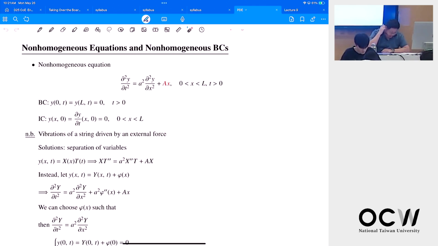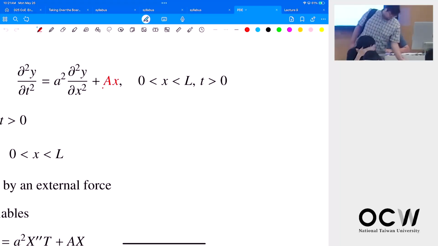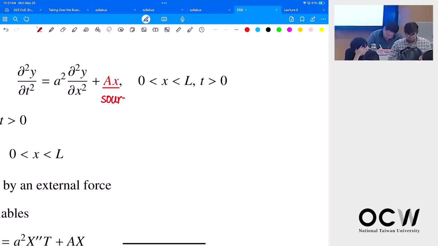So for this heat equation, the wave equation, this one is a source term, or we say the external driving force.